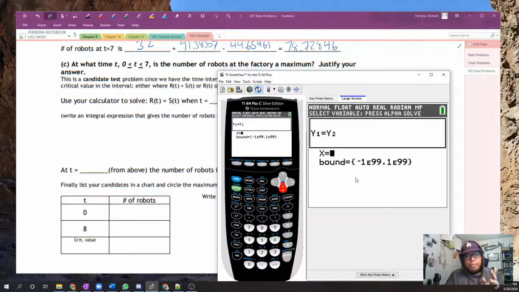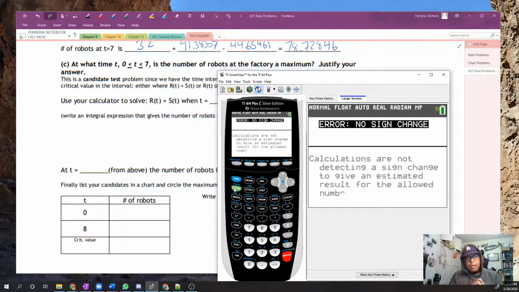So the strategy is to pick a bunch of places to start looking and the calculator finds the closest solution to it. Maybe a good place to start would be at t equals 1. Let's put a 1 here. And then to make the calculator solve, you would push alpha and then enter. The calculator is looking for the nearest solution to t equals 1. It's taken a while. And it says no sign change.